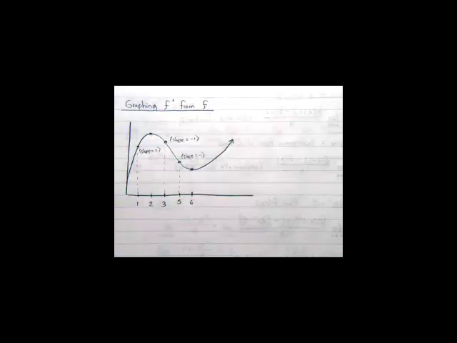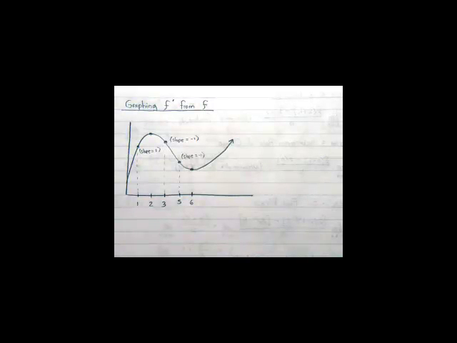Because an instantaneous rate of change is measuring what about a function? Its slope, right? So if we're trying to figure out f prime from a graph of f, do I care one bit about what the y values are? No. All I care about is what's the slope, what's the slope, what's the slope, from each one of those points as we go through it, okay? So just keep that in mind.